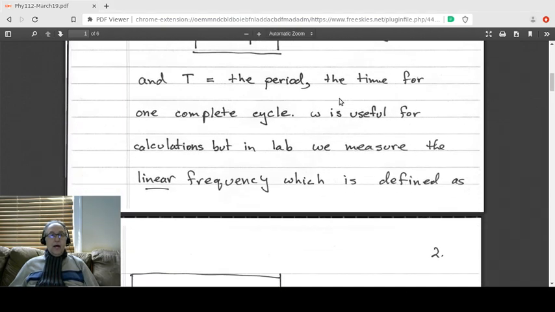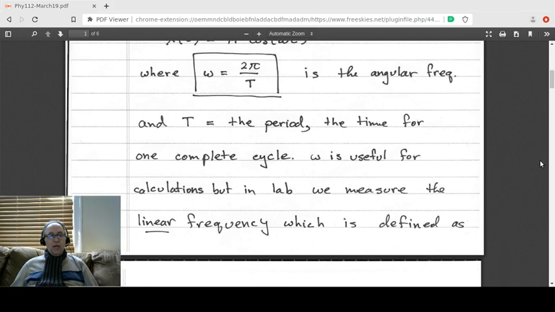Now, I did just say that the T is the period. Be aware that omega, this angular frequency, comes up in the equations quite a bit. So mathematically, omega is a very important thing. But in the lab, you don't measure omega directly because you don't have that 2 pi in there.